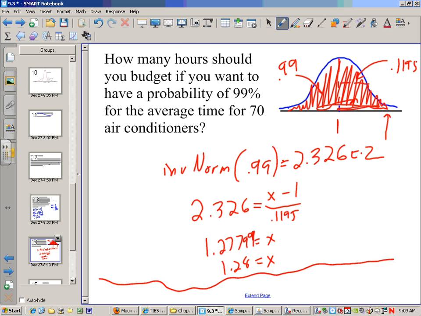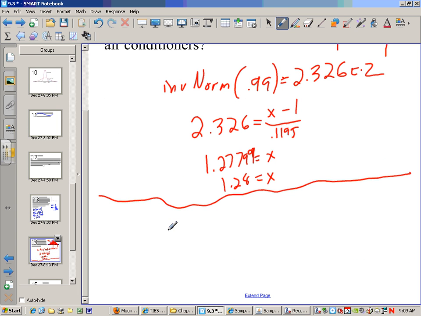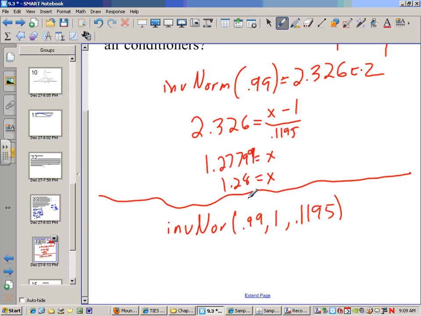Now your calculator gives you a shortcut. If I typed in inverse norm 0.99, comma my mean, which is 1, comma 0.1195, I will get 1.277998, same thing as before, which will be about 1.28.